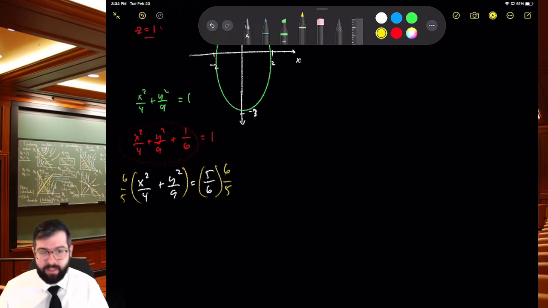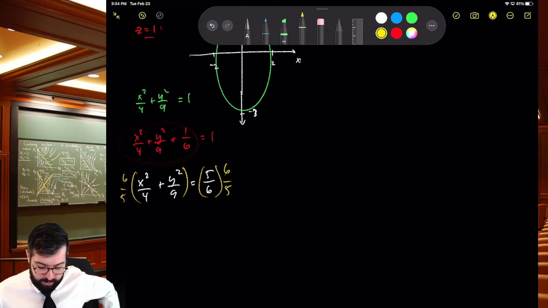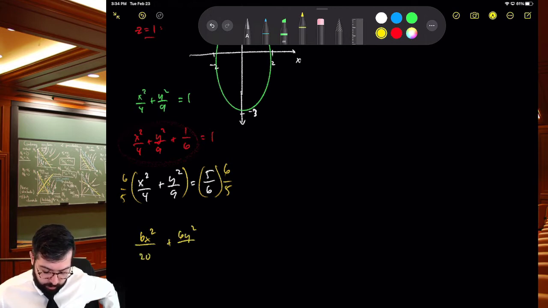And I also want to say, too, that sometimes just getting one trace is sufficient in one direction. Sometimes not. So what we'll get is 6x squared over 20 plus 6y squared over 45 equals 1.